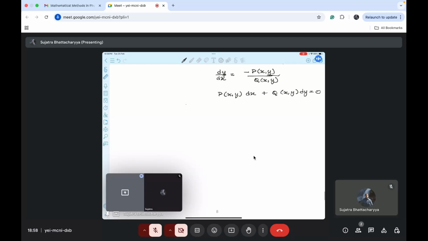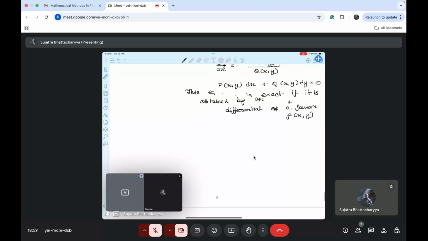This kind of equation is exact if it is obtained by an exact differential of a function f of x comma y.